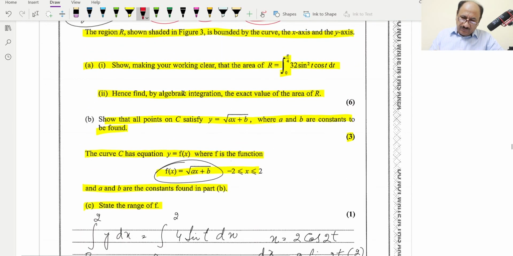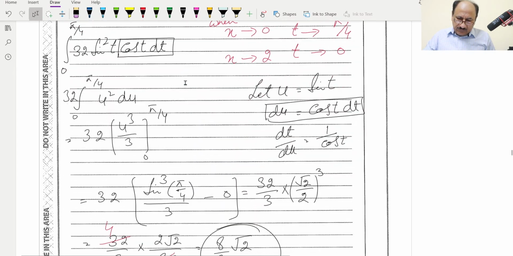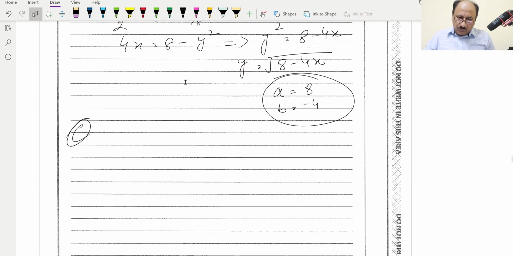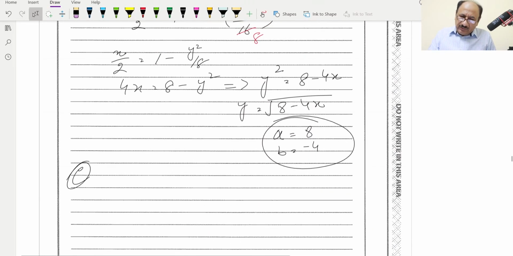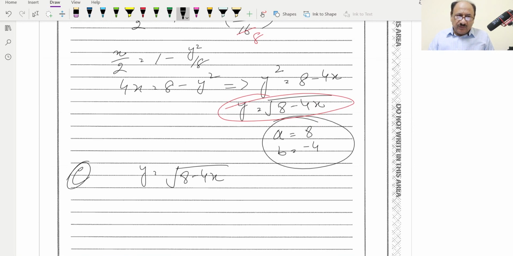If we check this, y is equal to the square root of 8 minus 4x, and x is varying from -2 to 2.